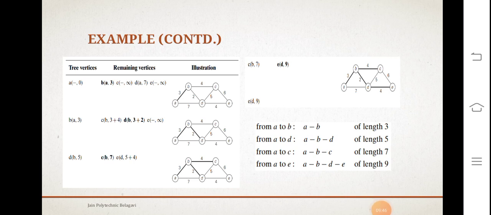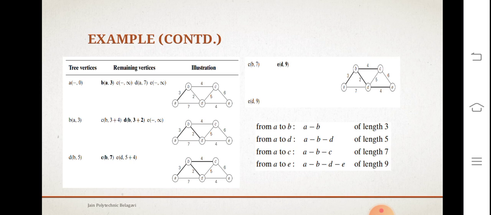A, B, C, D alphabets are there, so we are selecting A as the source vertex. We are assuming A as the source vertex. From the source vertex, all other vertices are connected through the edges, and from that we have to select the minimum edge.